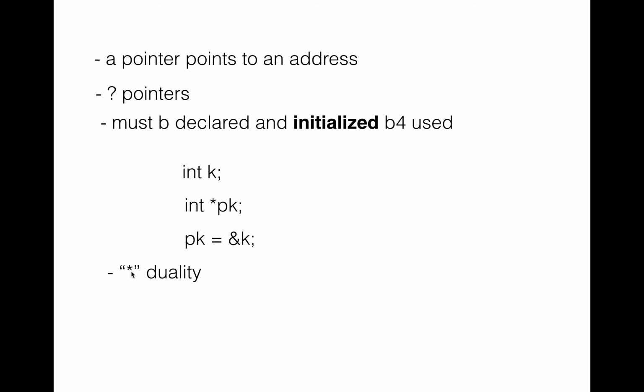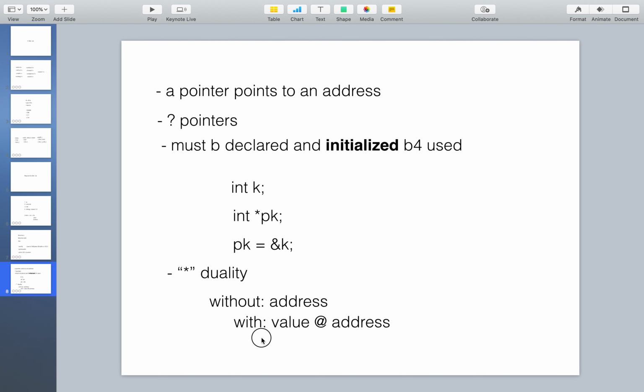When we make use of a pointer without the asterisk operator, we refer to the address pointed to by the pointer variable. And when we make use of a pointer with the asterisk operator, that means we are referring to the value at the address.